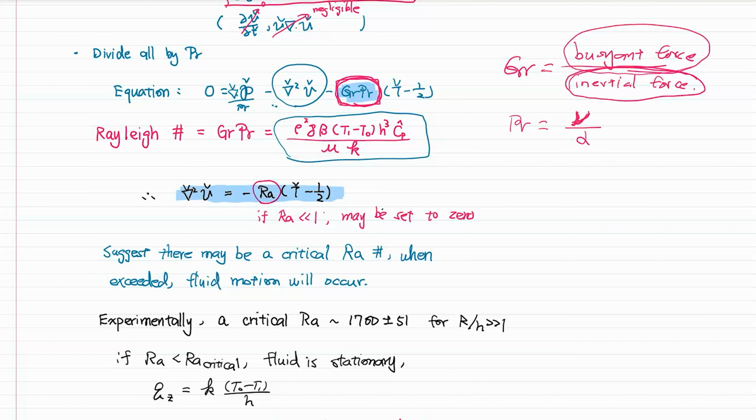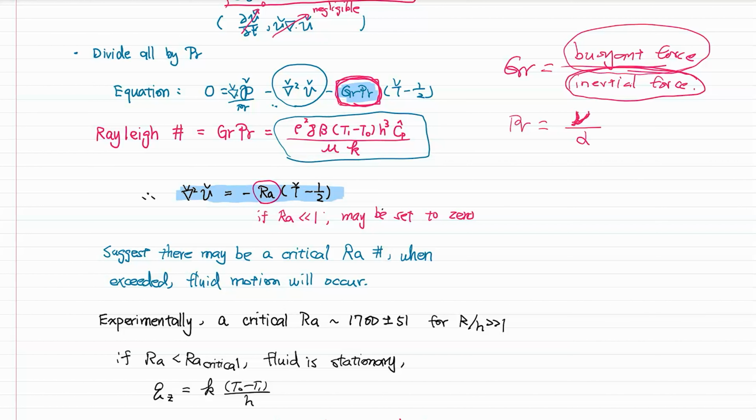So what happens here is that if your viscous drag is large, then fluid motion doesn't occur as easily. If thermal conductivity is high, then the temperature distribution is not going to be that great. But if the thermal conductivity is small, that means you will have a large temperature gradient.